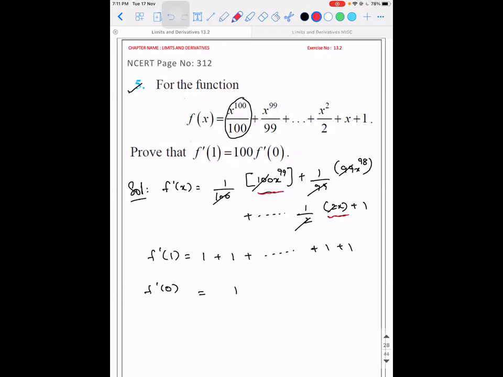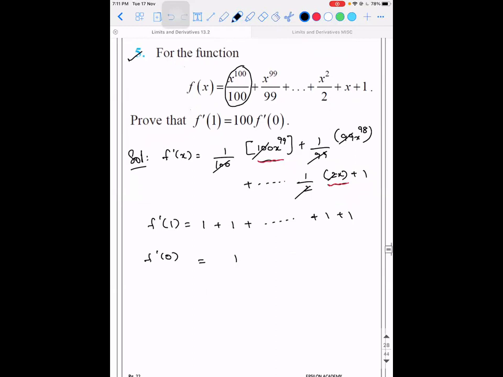That will be 0. So 1 is left out. So what is f dash of 1? 1 is getting added with itself 100 times. So it is 100. f dash of 0 is 1. So can I say f dash of 1 is 100 times f dash of 0? Right? Got it? So that's what they're asking us to prove also.